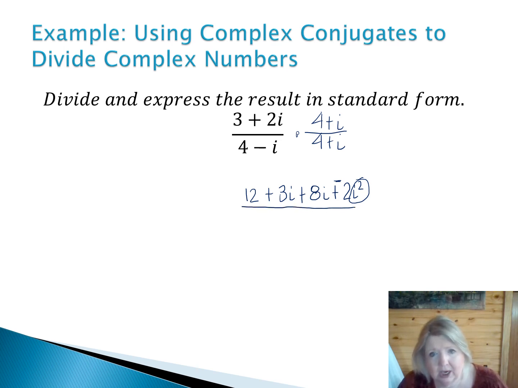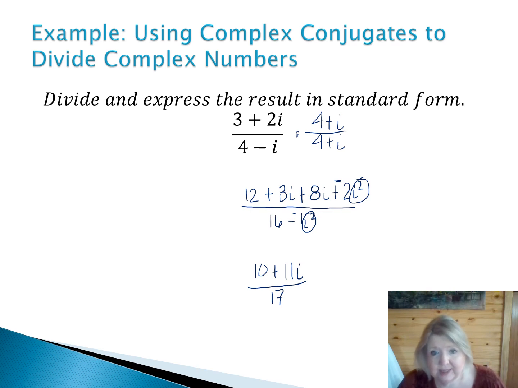And conjugate pairs give the difference of squares. 4 squared is 16 minus i squared, but i squared is negative 1. So it's going to be added there. Let's collect like terms. 12 plus negative 2 is 10. Plus 3 plus 8 is 11i. Over 16 plus 1, minus negative, same as plus positive, is 17.